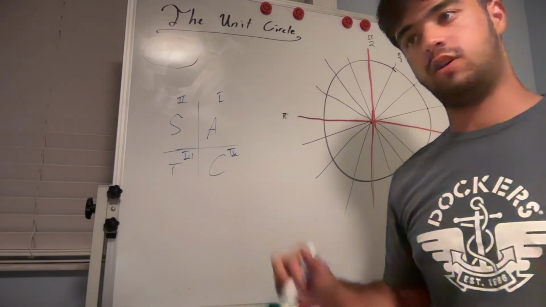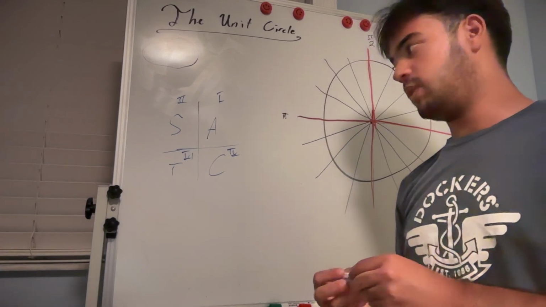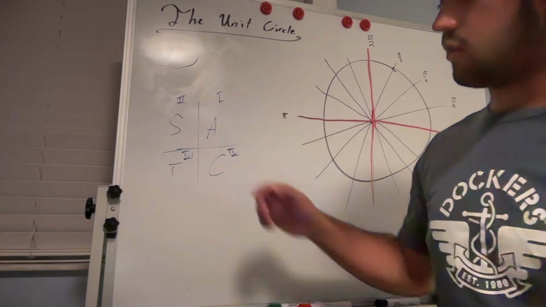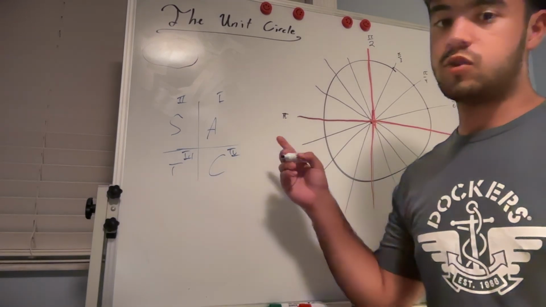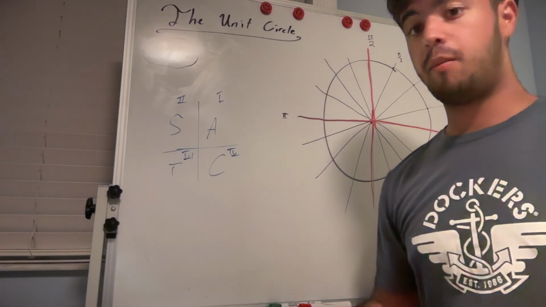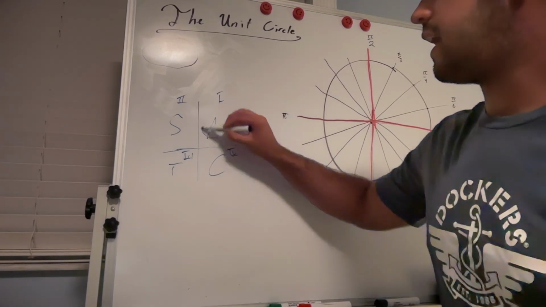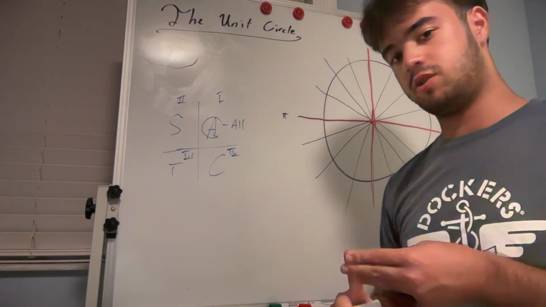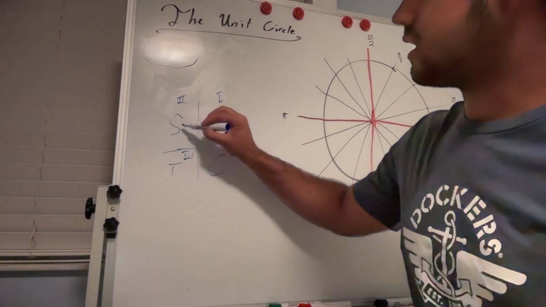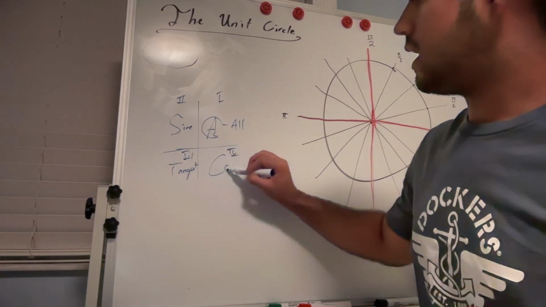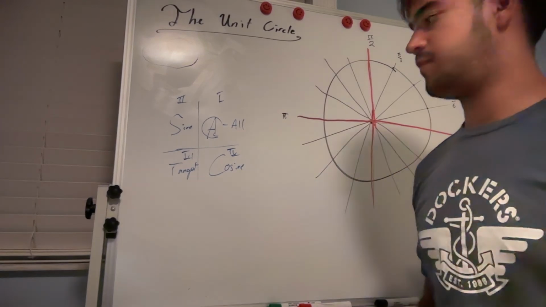All students take calculus. Now, we take the first letter of all students take calculus, and then those decide what trigonometric functions are positive. So the A stands for all of them. Sine, cosine, and tangent are all positive. The S stands for sine, the T for tangent, and the C for cosine.